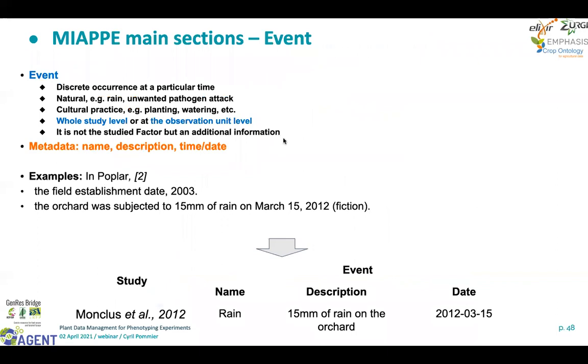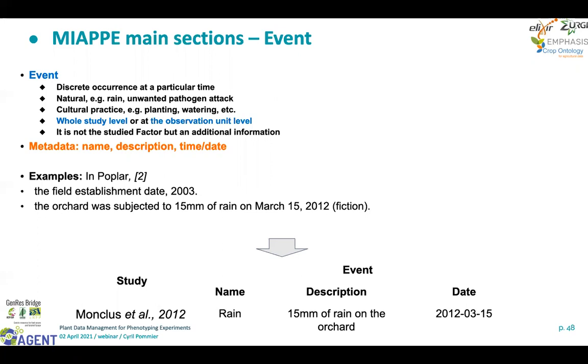The events are discrete occurrences at a particular time. They can be natural, for instance, rain, unwanted pathogen attack. They can allow to trace cultural practices, planting, watering, etc. They can be applied to the whole study level or for individual observation units. It's not the studied factor, it's additional information.